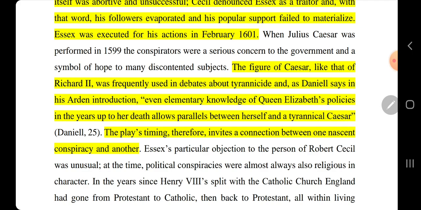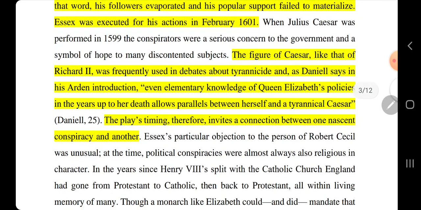We will go through this discussion later because it's very important to know a little bit about the history of our play Julius Caesar. So there is a great connection between Queen Elizabeth and Julius Caesar, and we will discuss that later once we start with our play.